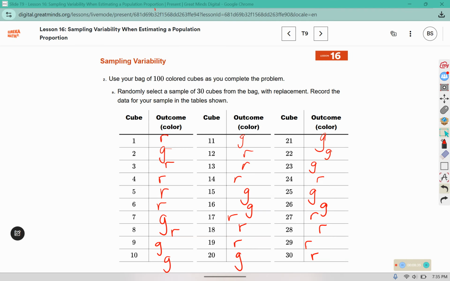So here are our results from the 30. We had 1, 2, 3, 4, 5, 6, 7, 8, 9, 10, 11, 12, 13 greens out of 30.